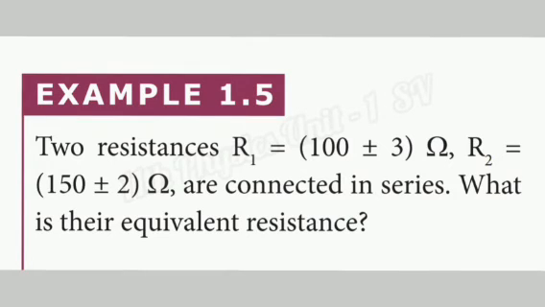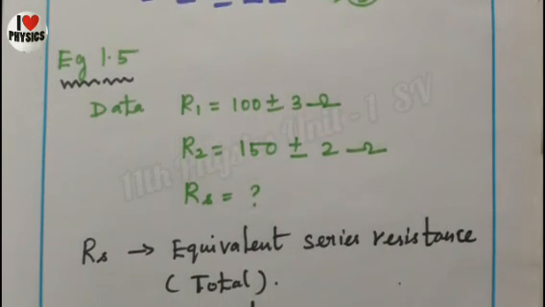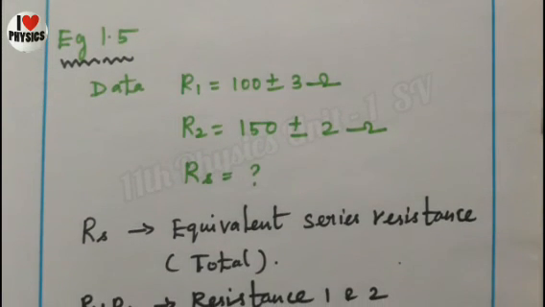For example 1.5, two resistances R1 equal to 100 plus or minus 3 ohms and R2 equal to 150 plus or minus 2 ohms are connected in series. What is their equivalent resistance? That means find out RS. Given data: R1 equals 100 plus or minus 3 ohms, R2 equals 150 plus or minus 2 ohms.